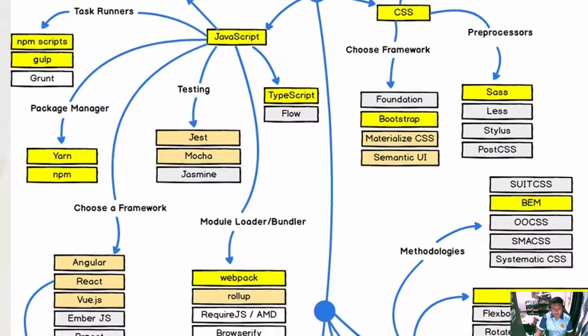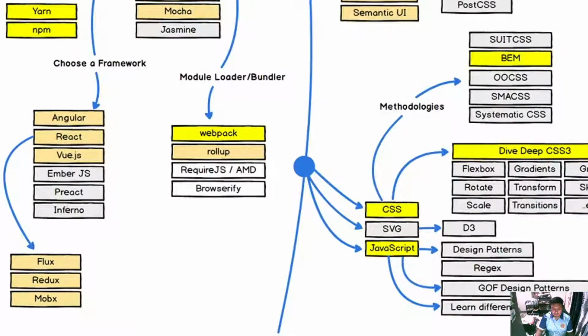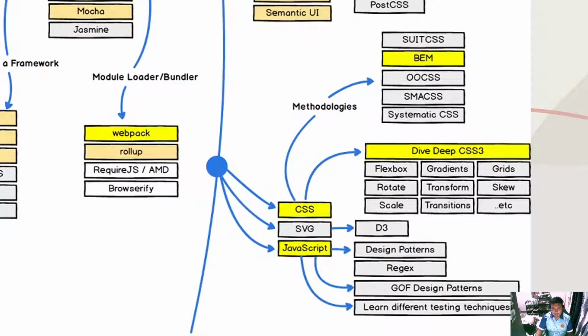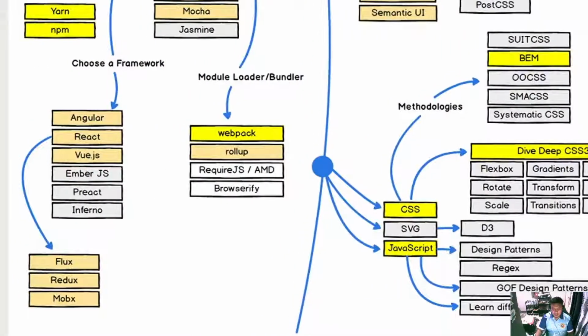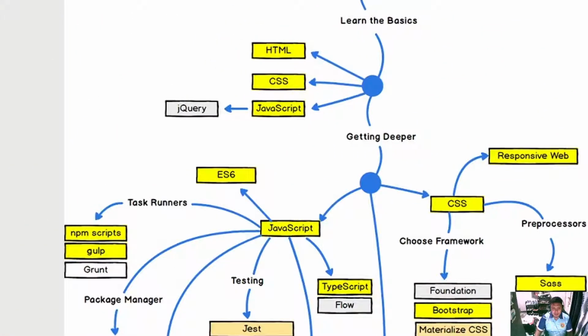You can also have CSS, SVG, and JavaScript to save much more loading time for all resources. And everything here really goes deeper. But at least for the front end, you must really learn the three basic ones: HTML, CSS, and JavaScript.